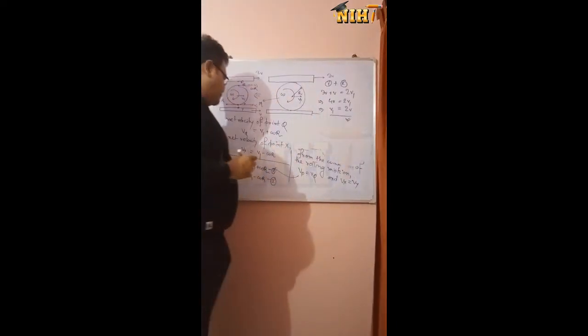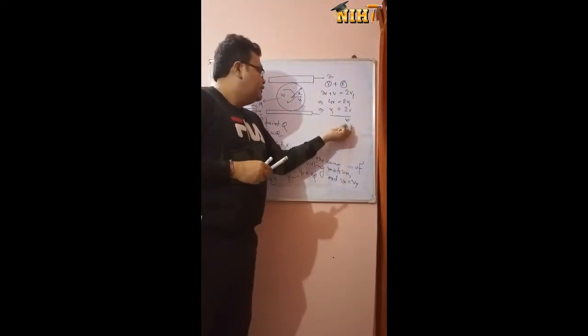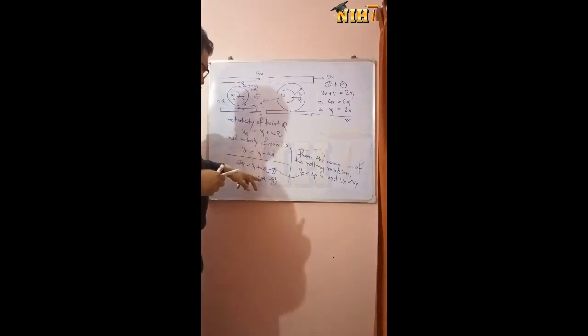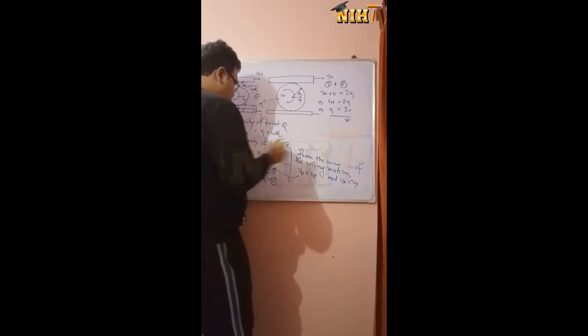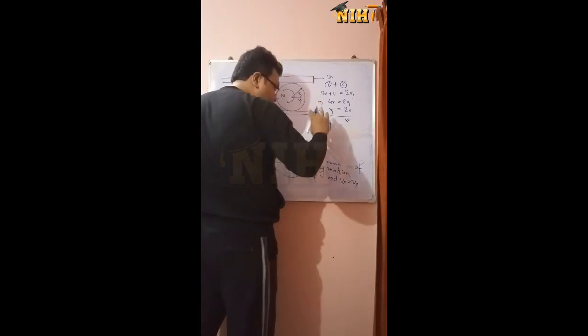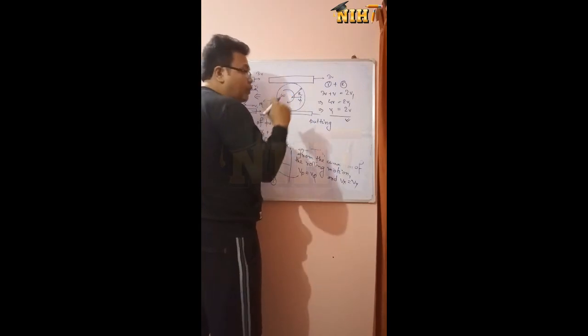Okay. Now what is the value of the linear velocity of the center of mass? That is equal to 2V. Now what will be the value of omega? So put the value in the equation. The next step is to find the value of the unknown quantity, that is omega.